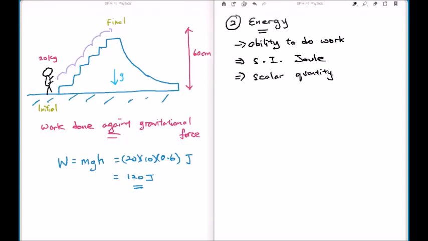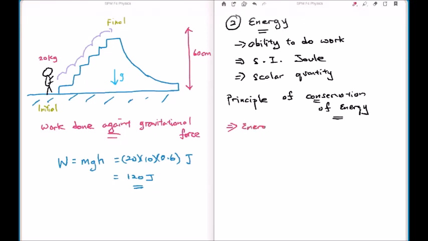Now in energy, something you will learn is called the principle of conservation of energy. So this is a principle that you need to learn, and maybe this is the first time or maybe the second time you learn a principle of conservation, after conservation of momentum. Here is the principle of conservation of energy.